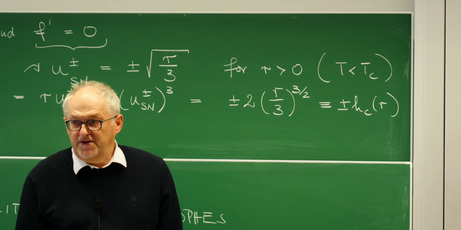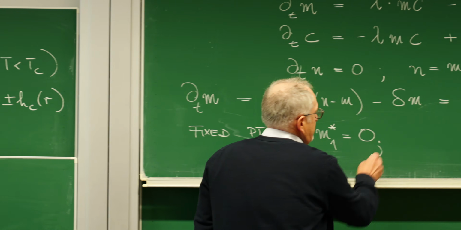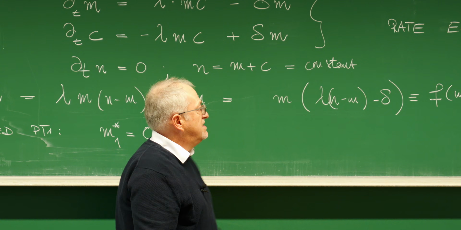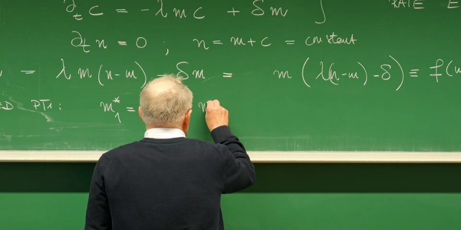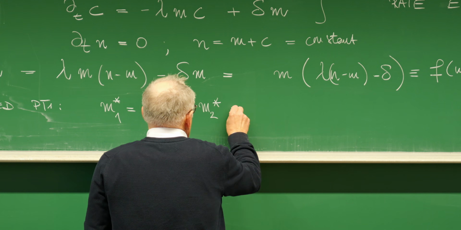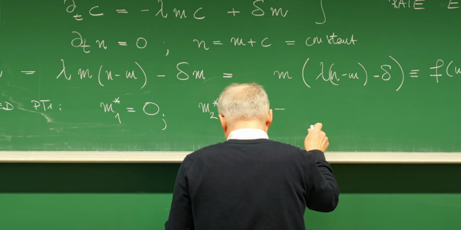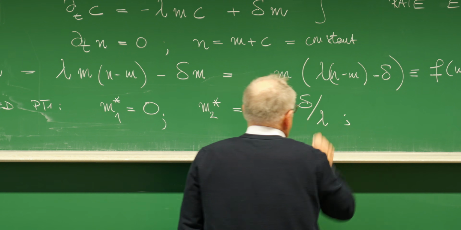There's no sick individuals. And the other one is the 0 that you can read off from this second bracket in the nonlinear function f of m. So that would be our second fixed point m2 star equals n minus delta over lambda.